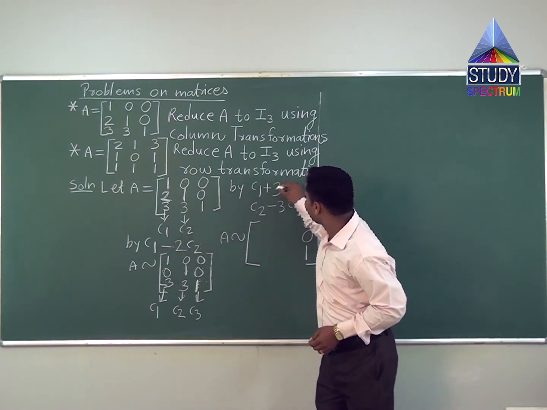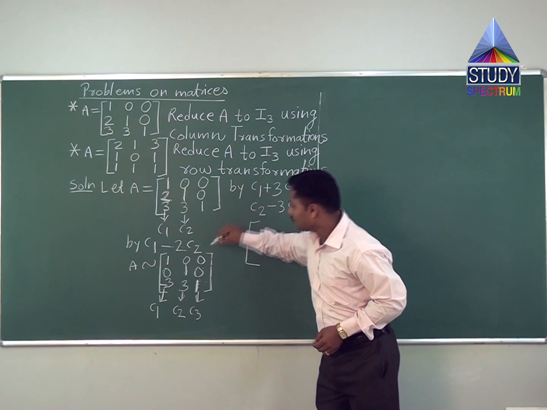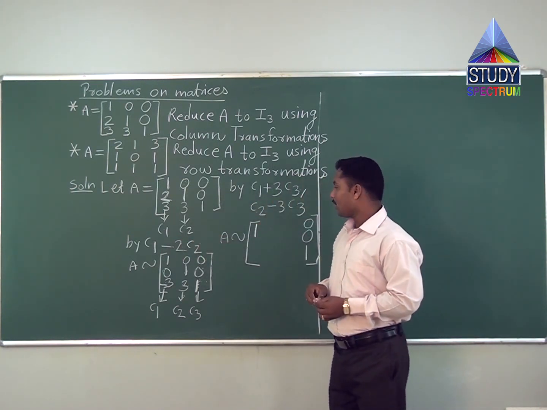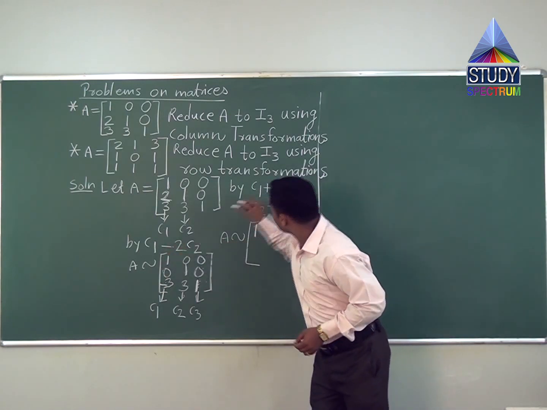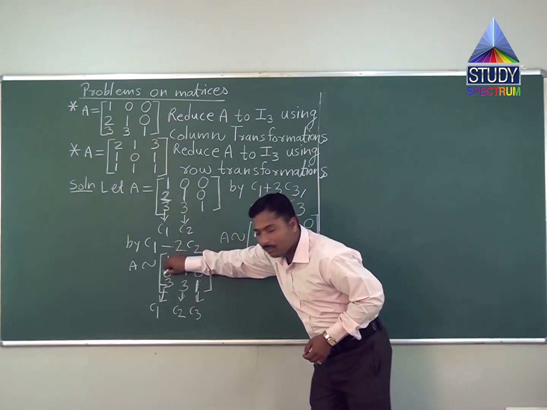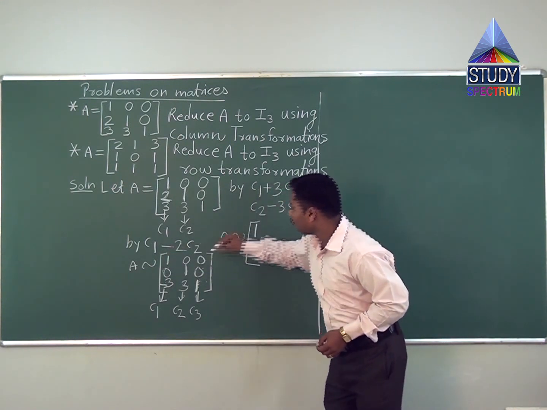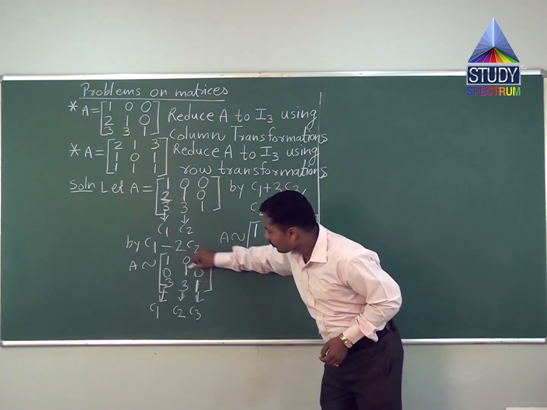Again C1: second number of first column 0 plus 3 into 0, 0.